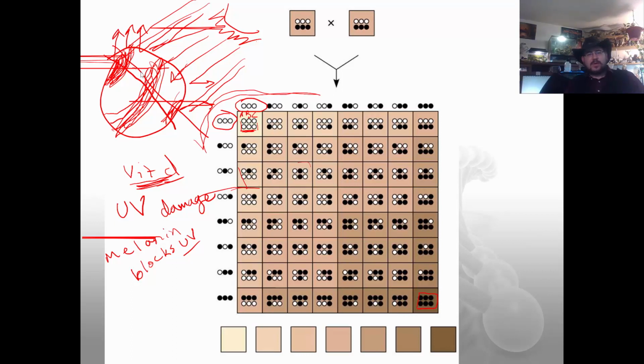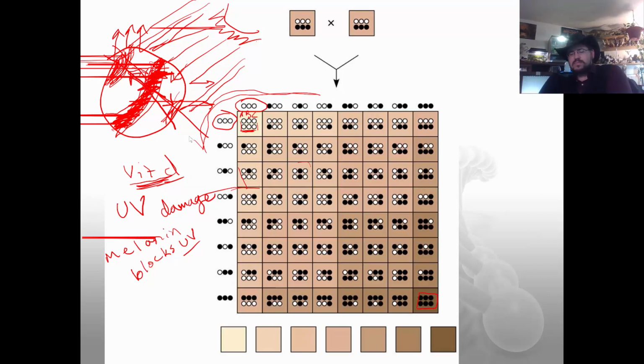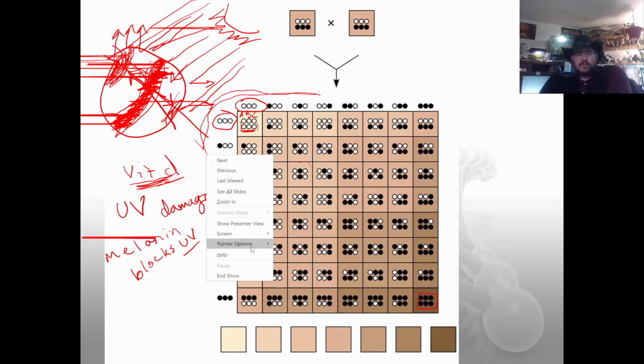At the equator, where you get the most light, right here, you're going to get way more light than necessary for vitamin D production, and UV radiation becomes a much bigger concern. So you would naturally see greater amounts of melanin. So you just get more melanin to less melanin as you move away from the equator. Pretty darn cool.